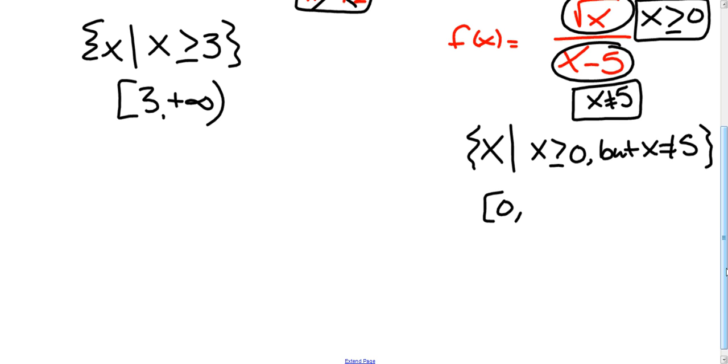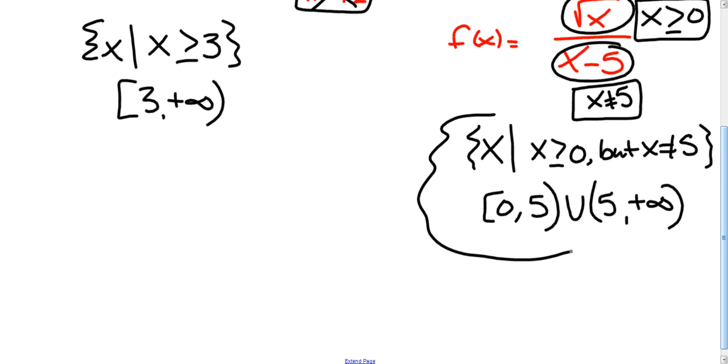I'm going to go from 0 to really close to 5, but it can't be exactly 5, union really close to 5 to infinity. Okay, so that's how that goes. You're not including the number 5. So this is what your answer would look like in either set or interval notation for that problem.